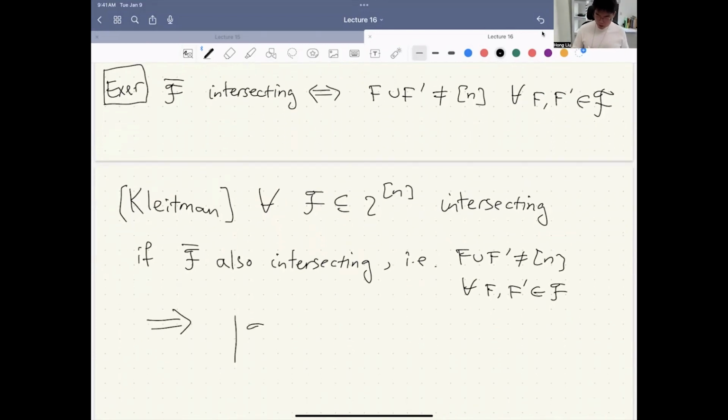Then we can give an upper bound on the size: it is at most 2 to the n minus 2.